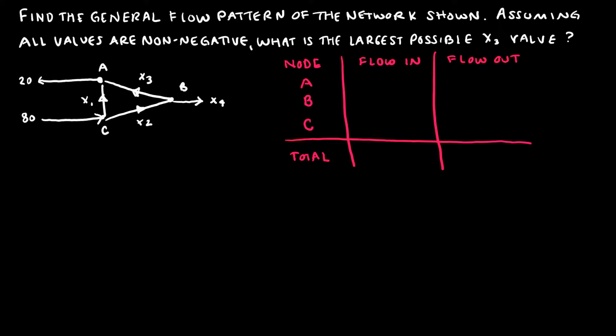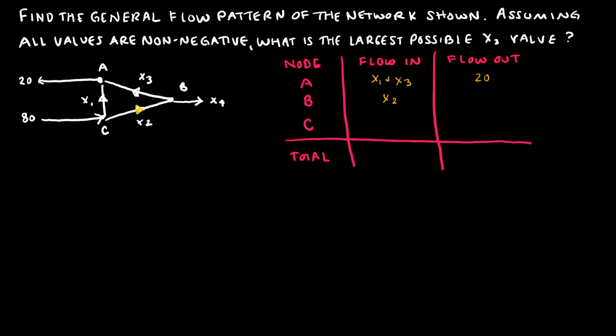For A, looking at the flow into A, I have x1, we can see by the little arrow here, and x3. So x1 plus x3 is flowing in, and the flow out of A is 20. For B, the flow in looks like x2 and only x2.